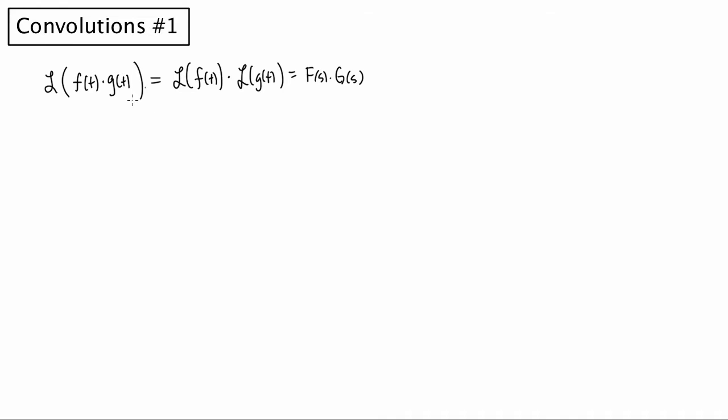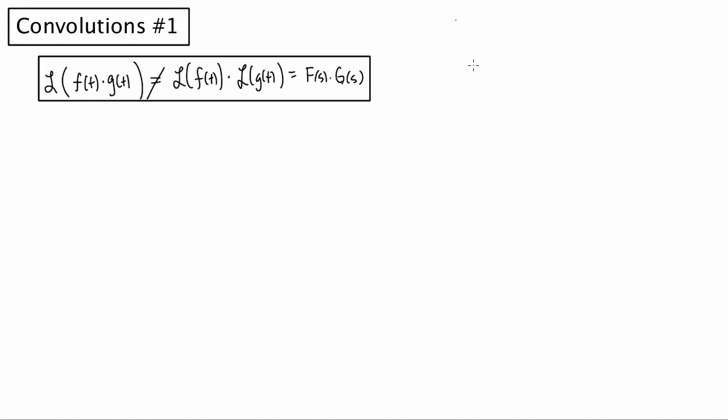It turns out that this isn't the case, though. So these aren't equal. Let me put a big box around this so we know that this is not true. Instead, I'm going to work this in reverse.